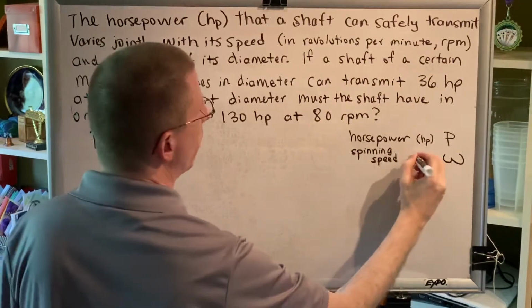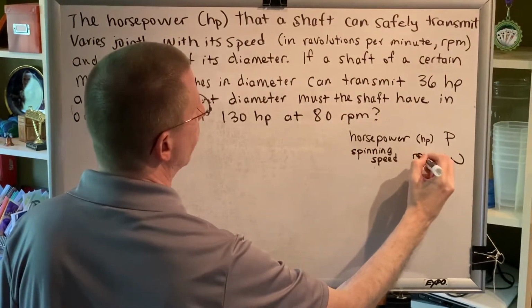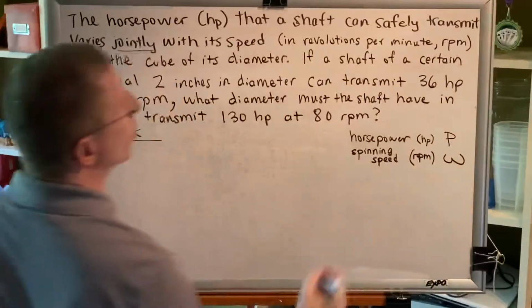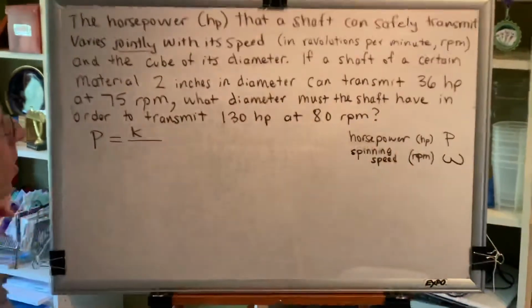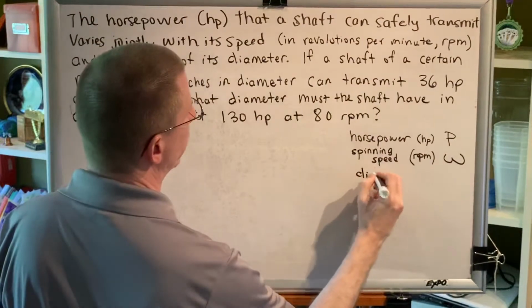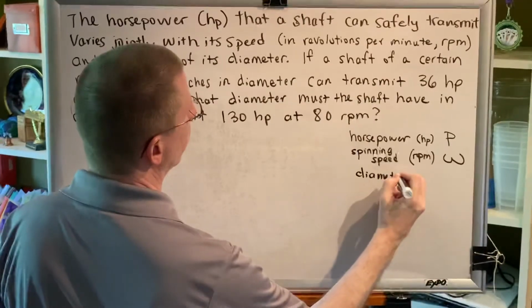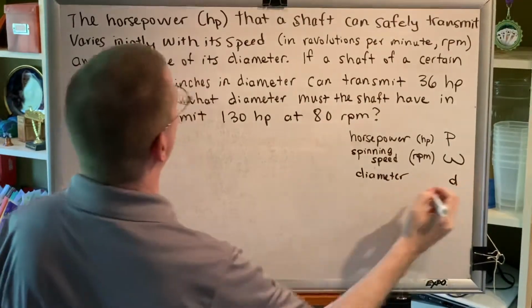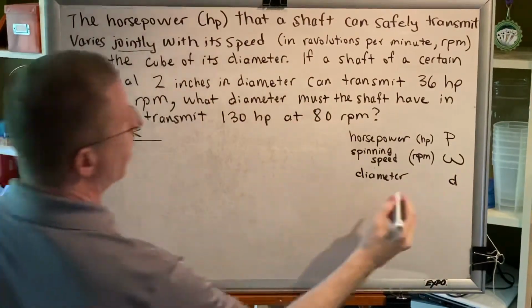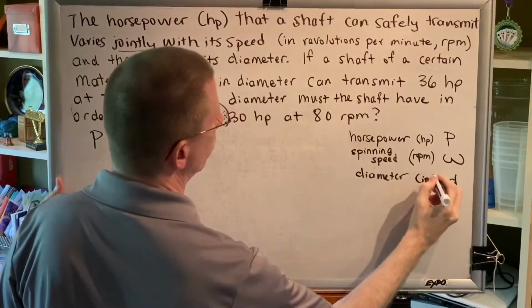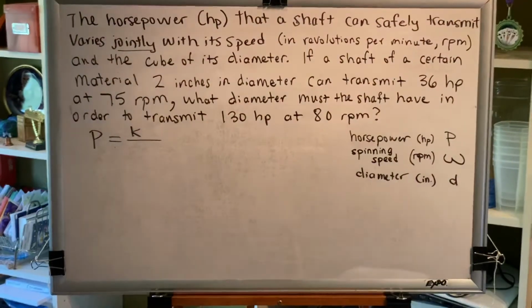And revolutions per minute, or RPM, is our unit of measurement. And then diameter, we're just going to use D. That's pretty easy. And in the problem, it says 2 inches in diameter. So inches are the units of measurement for this particular variable.